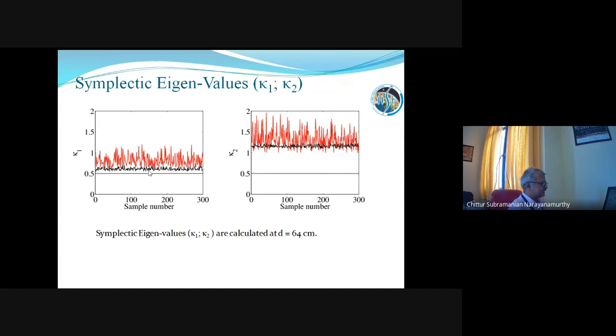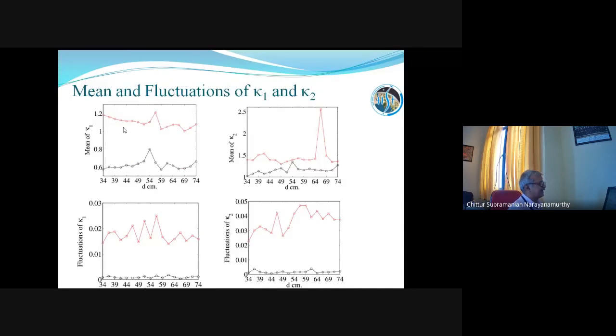You can see the various samples, the same sample number, at the same distance which we have calculated at exactly 64 centimeter. We are able to measure exactly the height of this one. You can see that there is a change in kappa 1, kappa 2, and this is the beam spread in the light. You can see the fluctuations of kappa 1, kappa 2 at various distances, 34 centimeter from the turbulence, 39, 44, various distances.